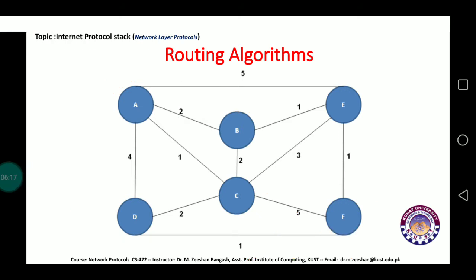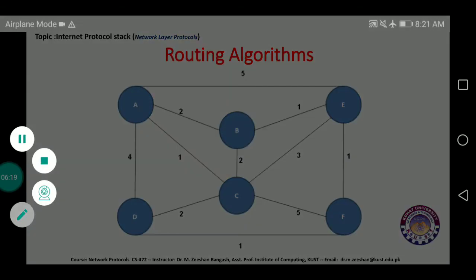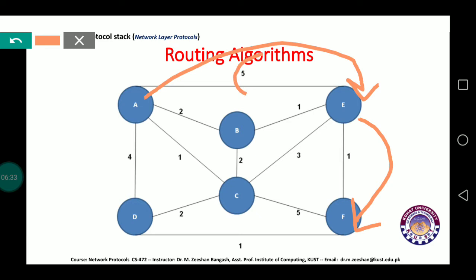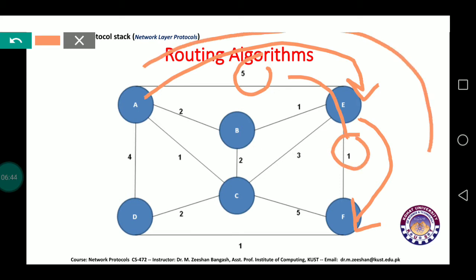For example, one of the paths is moving from A to E and then from E to F. If we notice the weight or the cost of that route, that cost comprises the cost from A to E, which is 5, along with the cost from E to F, which is 6. So the total route cost from A to F is 6.